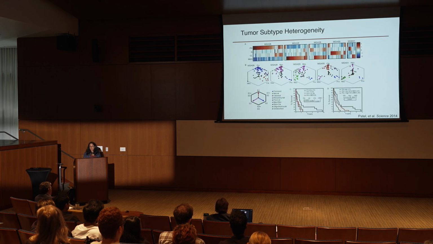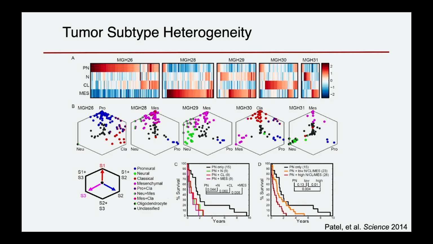One of the very first single-cell studies of glioblastoma started to get to the root of potentially why this is. This study, which was 300 cells across 5 tumors, was sufficient to identify that within any individual tumor, each of these subtypes was often represented, and multiple were usually represented within an individual tumor. This is problematic because it means that not only are tumors heterogeneous between individuals, but there's also heterogeneity within a tumor.